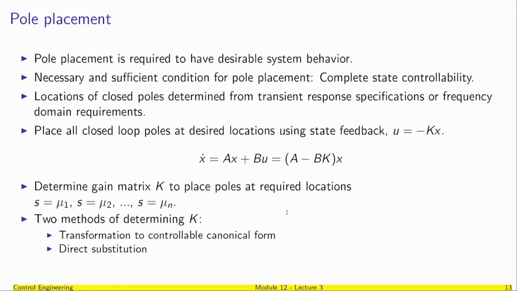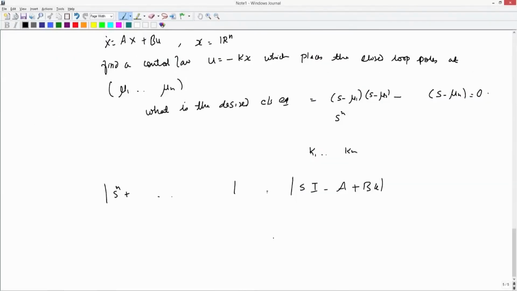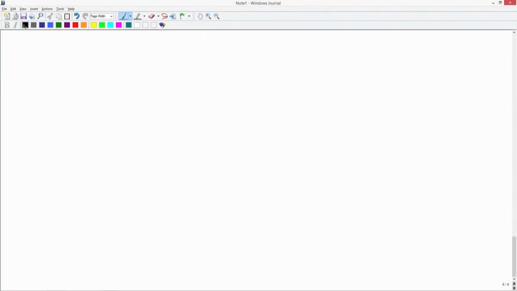There is also another method from the controllable canonical form. Let us first write down and then see what it means. Let us say I have the system in the controller canonical form. I am just being a little lazy to write.